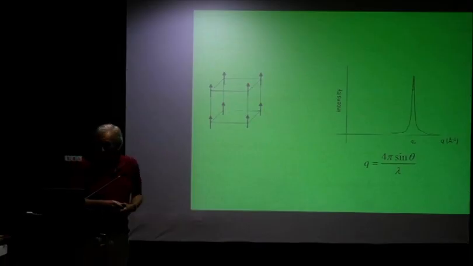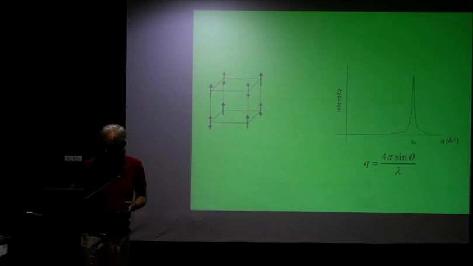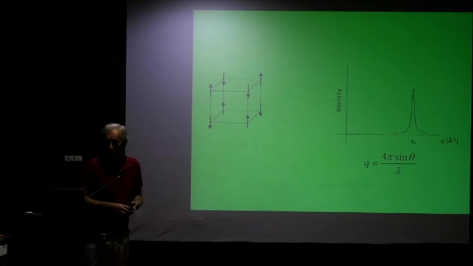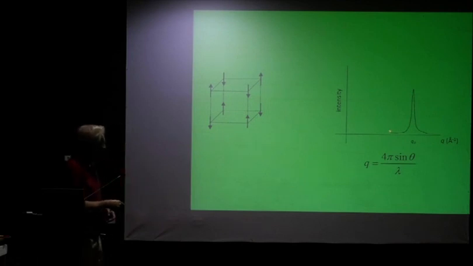So now, what would happen if we had an antiferromagnet? Now, the moment you have an antiferromagnet, the structural part, the peak will be here.